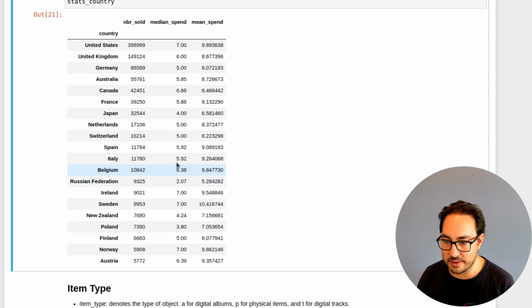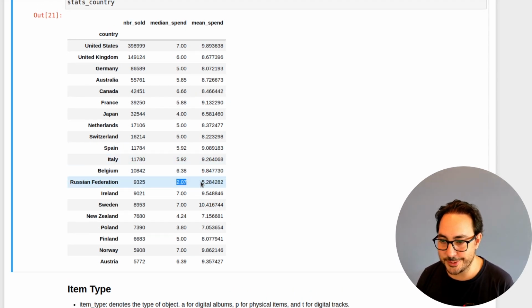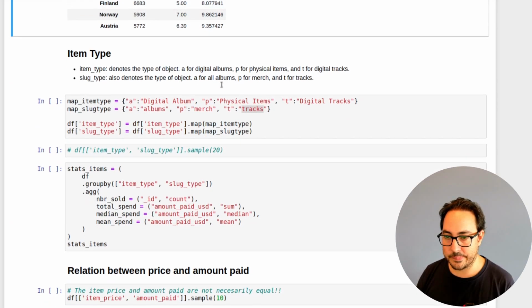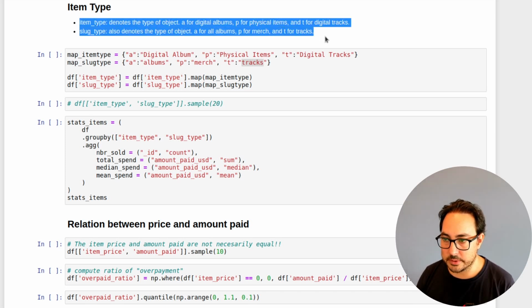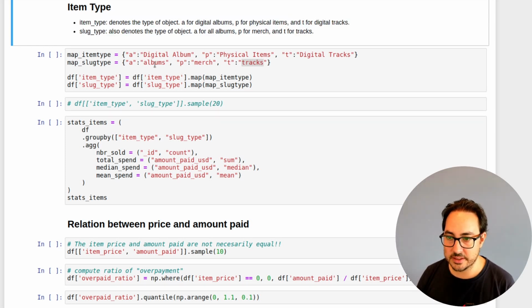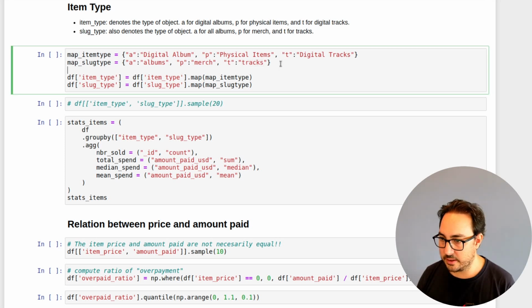But you have these values, right? The median is 2, and here the mean is 5.2. Okay, so the next aggregation I did is related to item type. Here we have what the variables mean, but I think it's easier to just look at the results.